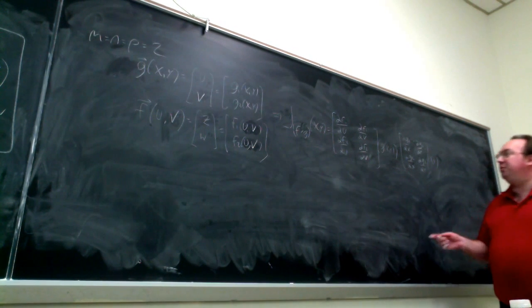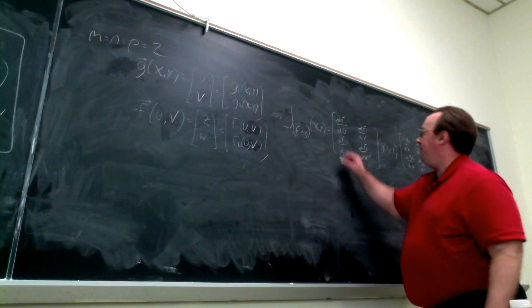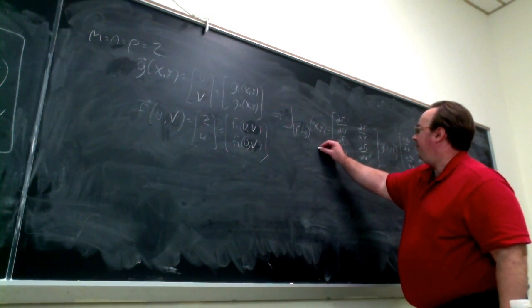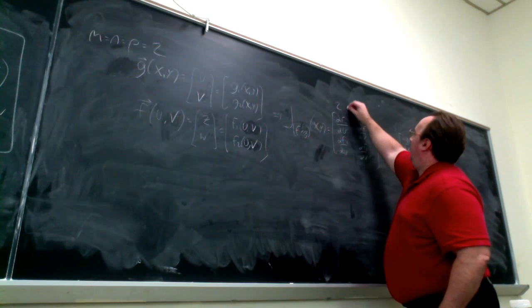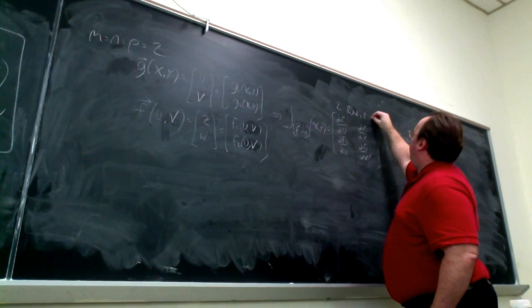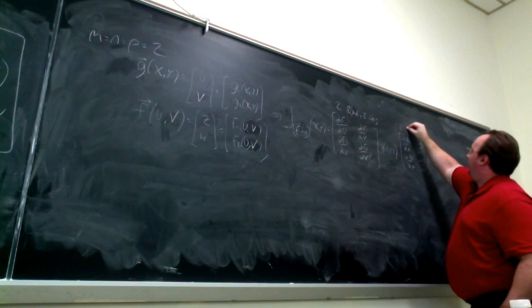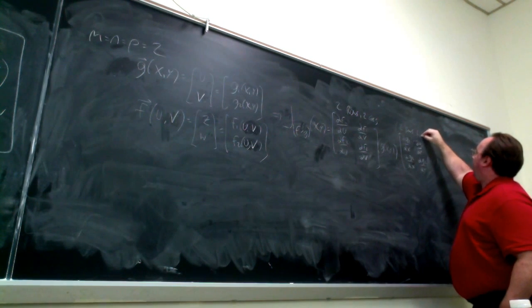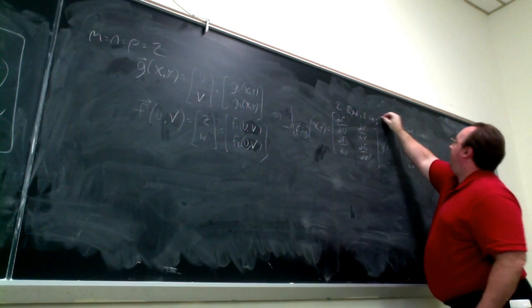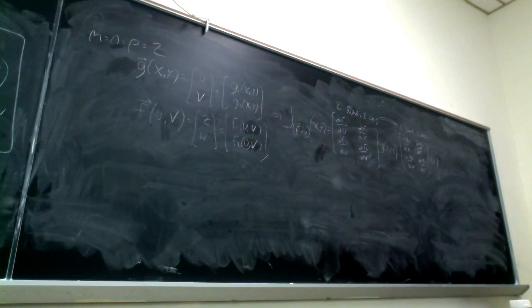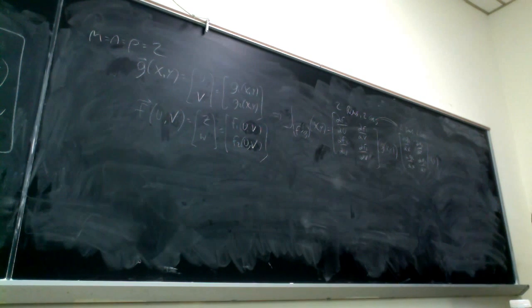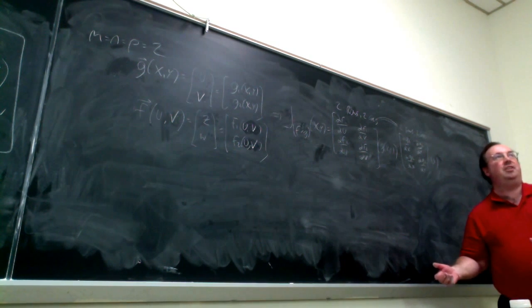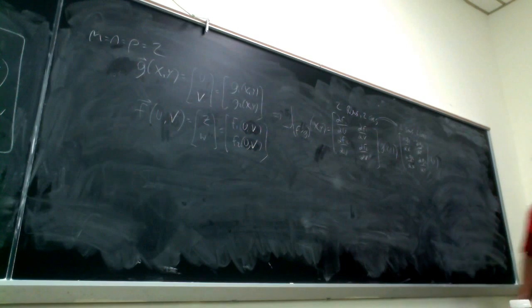Now, to multiply these, I have two rows and two columns here, and two rows and two columns here. Those dimensions have to match, or this doesn't make sense. And that's going to be true anyway, because the number of outputs of g has to match the number of inputs of f, or we're not even doing this problem. It doesn't make any sense.